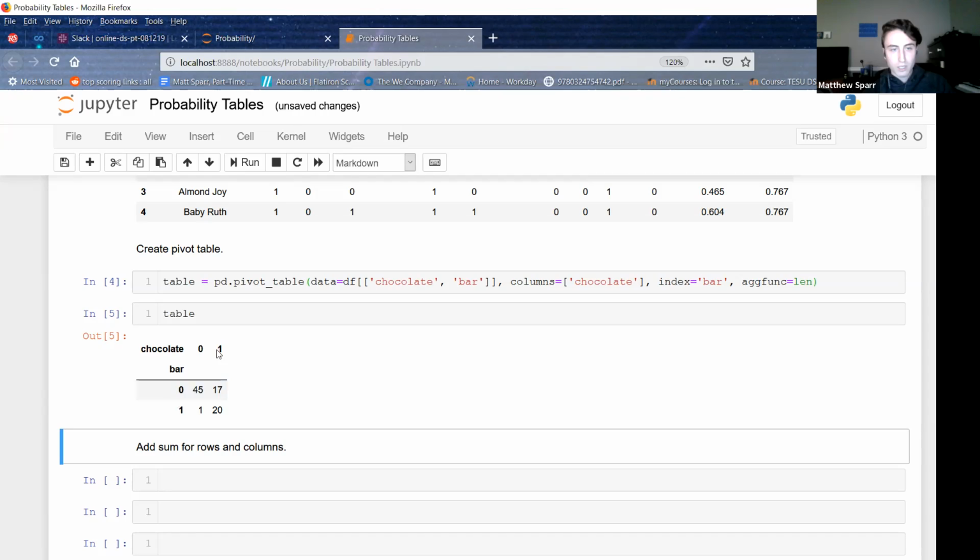So we can see here under the 1 column for chocolate, these are the candies that have chocolate in them. And then for the bar, the bottom row are the candies that are bars. So you can see that there are 20 bar candies that are chocolate, and there's only 1 bar candy that's not chocolate.